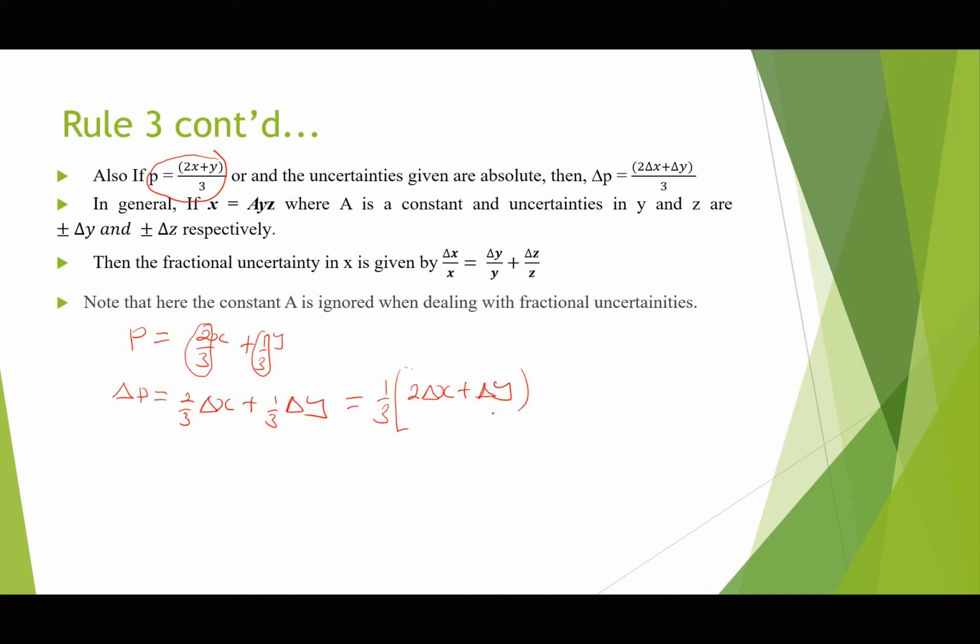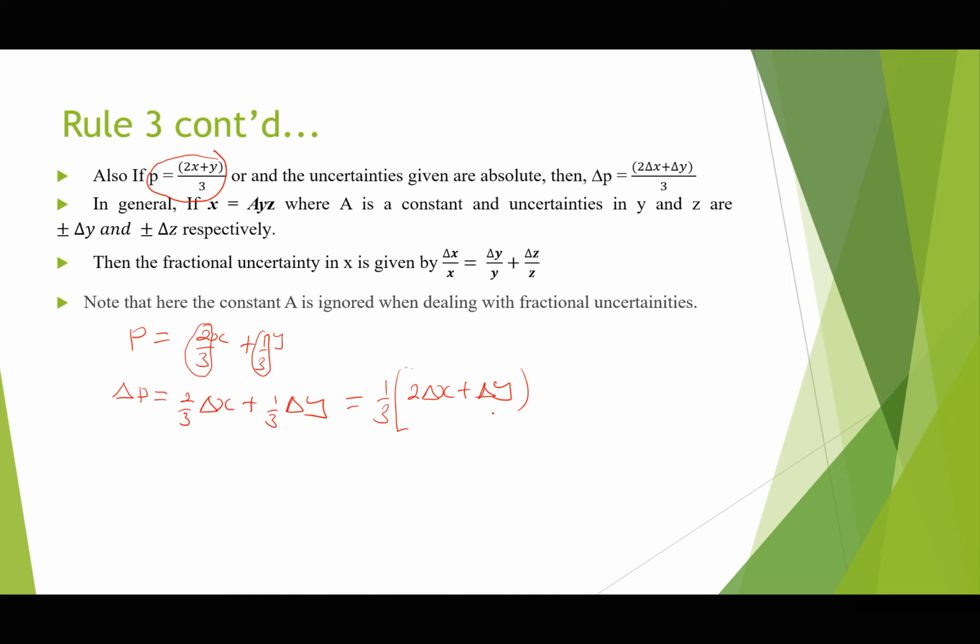So when we are dealing with the constants, remember to always multiply the constant by the absolute, but not the percentage. Multiply the constant by the absolute uncertainties, but not the percentages.